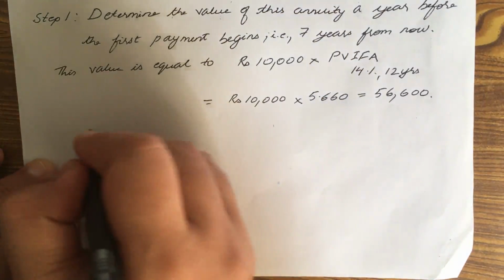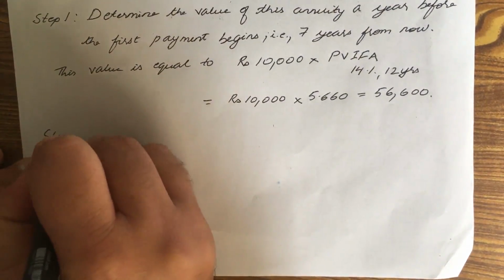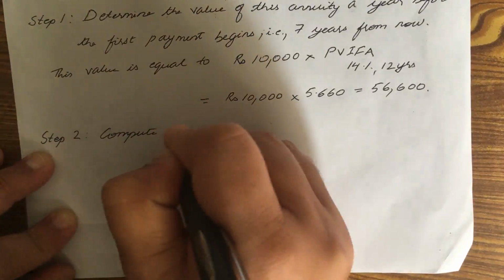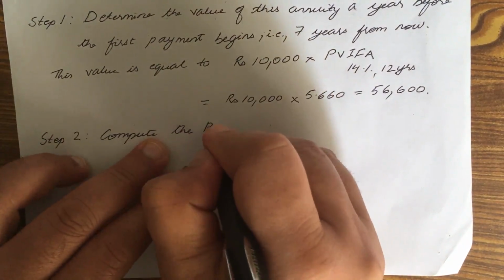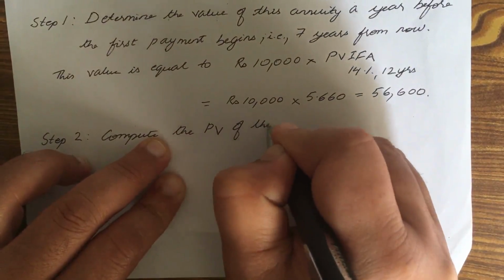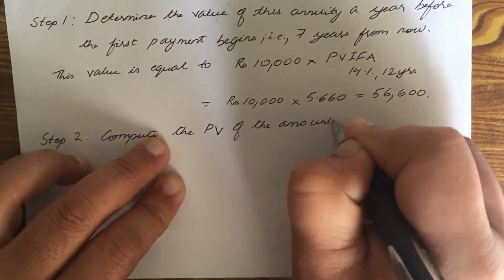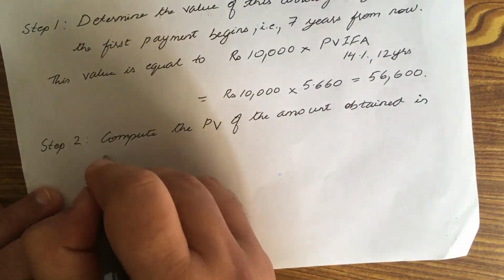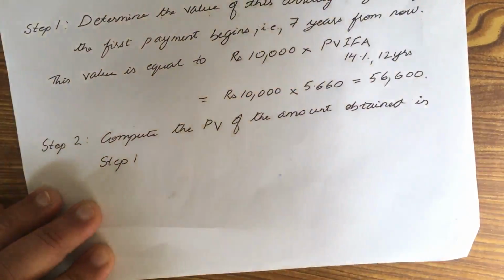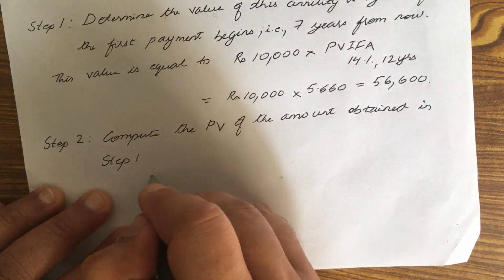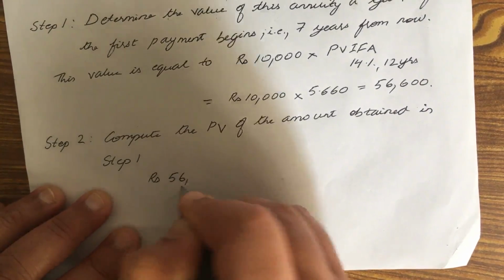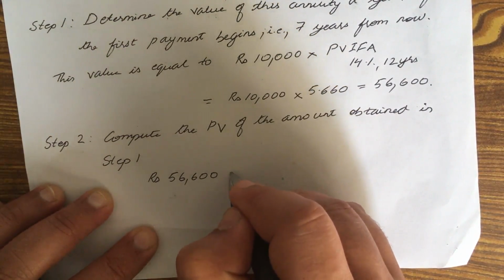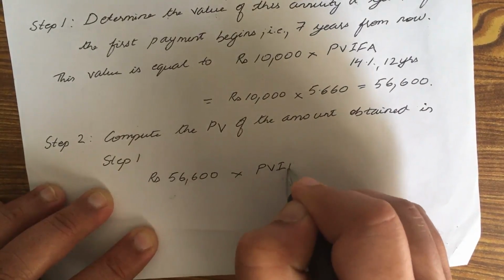All right. Now this is not the end of the problem. Now the second step is compute the present value of the amount obtained in step 1, and that is rupees 56,600 times PVIF.